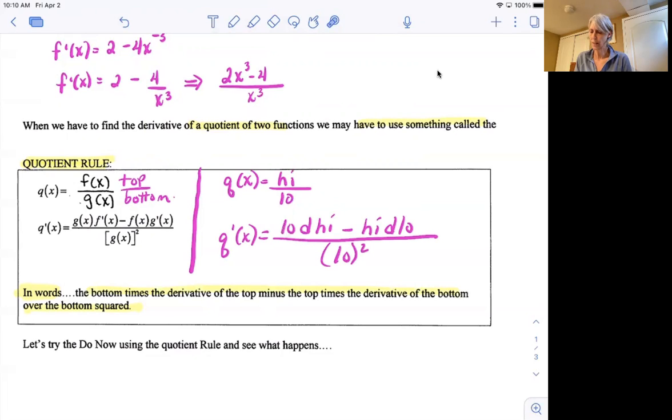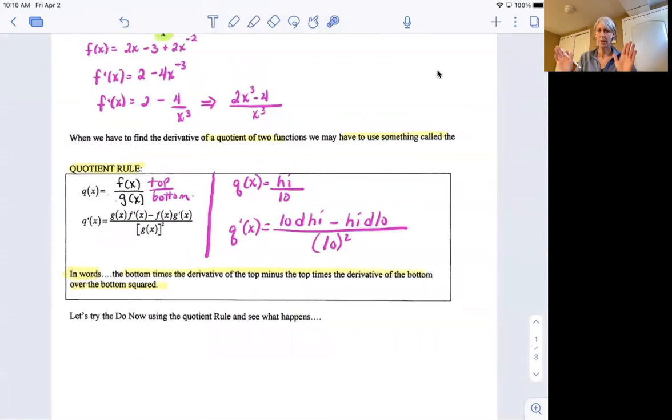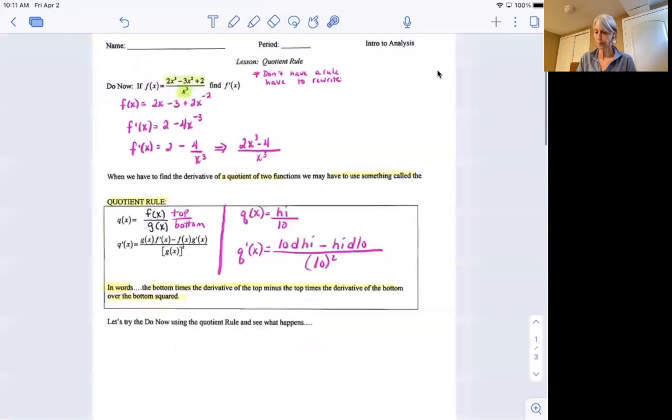Right, low times the derivative of high minus high times the derivative of low, over low squared. That one messes me up, but by all means, if it helps you, do whatever you have to do.